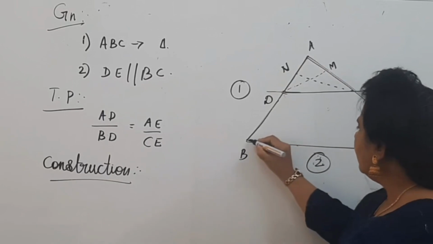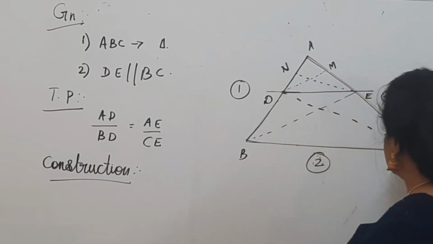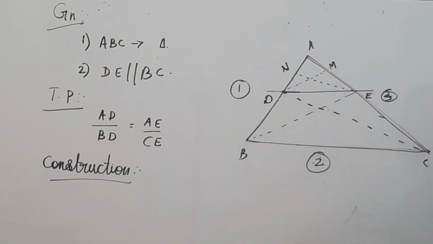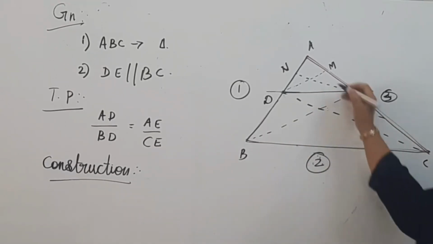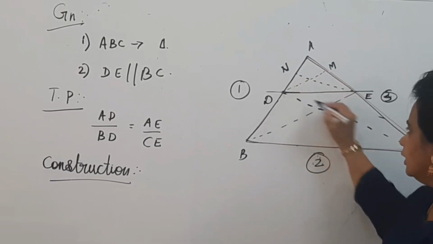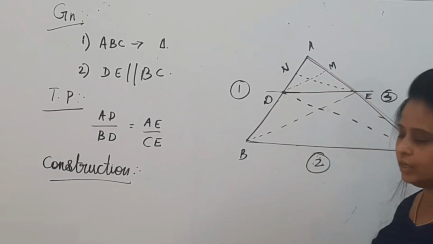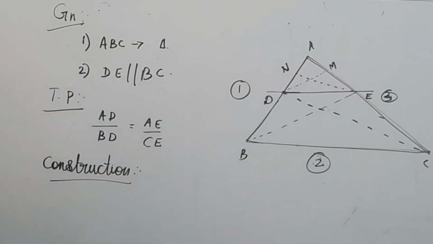Okay, and then I'm going to join this also and this also. So these are the construction. So 4 dotted lines I put. You put it like this, need not be the midpoint joining, and then you will join. Now you have to be very careful when writing the area of a triangle.